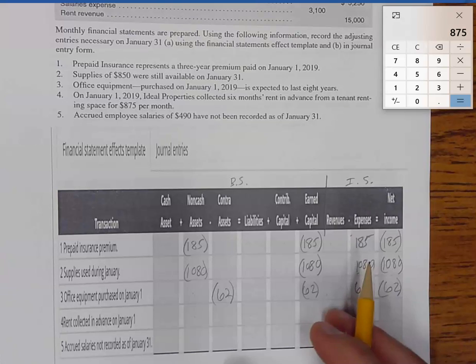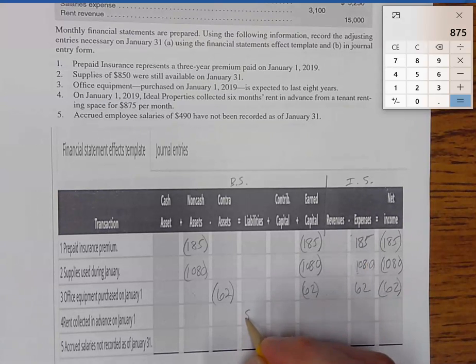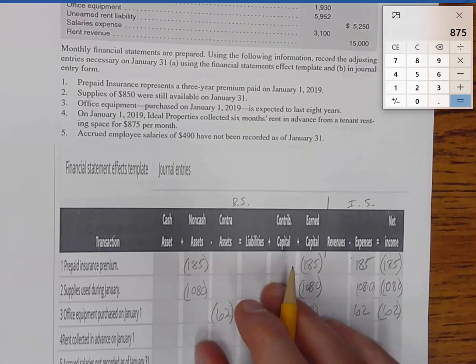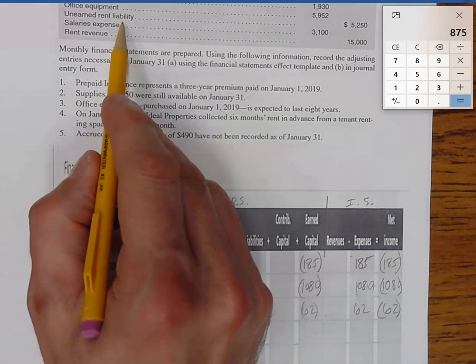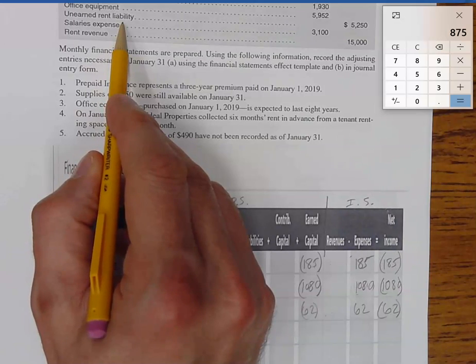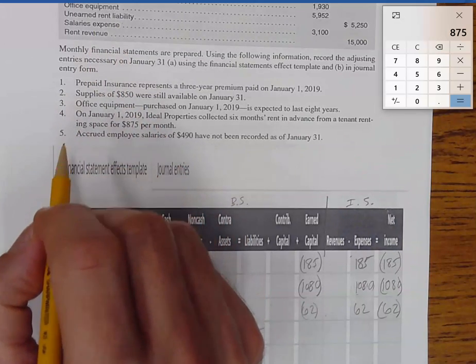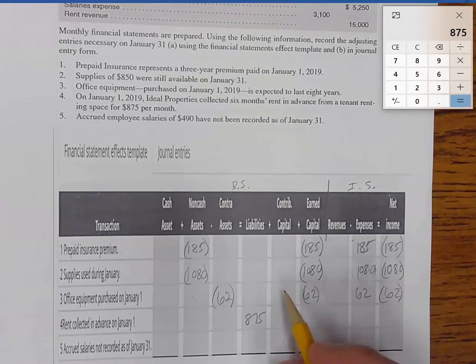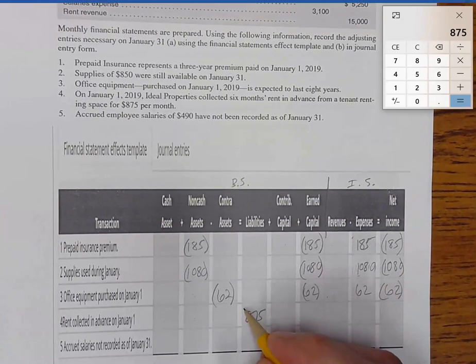However, we actually have a liability that has gone down. So unearned rent, and they actually tell us that it's a liability. They don't normally do that. But unearned rent, unearned revenue, that is a liability account. So we're going to go ahead and put brackets around the liability amount because it has gone down. Okay? Nothing here for contributed capital.